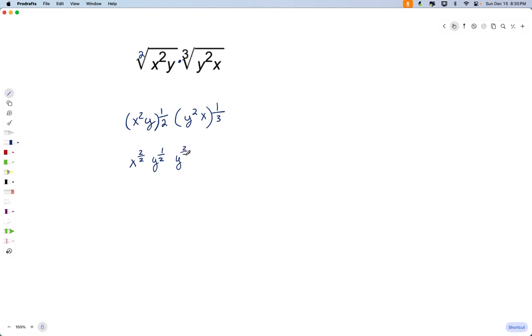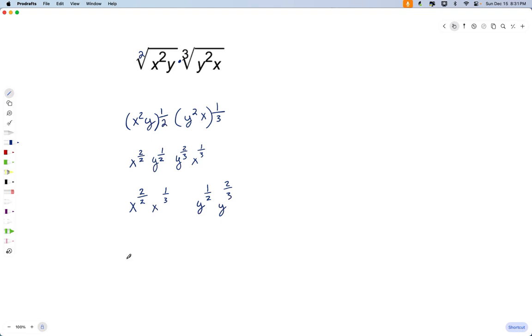So we're going to rearrange these and put these next to each other. So we've got x to the 2 over 2 and x to the 1 over 3. We've got y to the 1 over 2 and y to the 2 over 3. Common denominator is going to be 6. So I'm going to multiply this one by 3 over 3 and this one by 2 over 2.